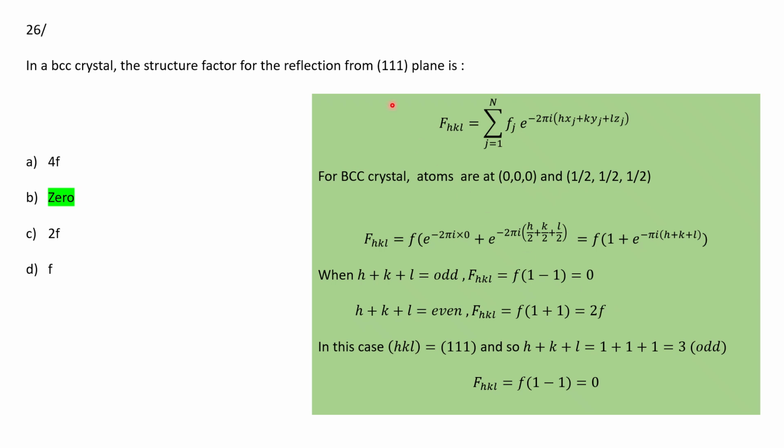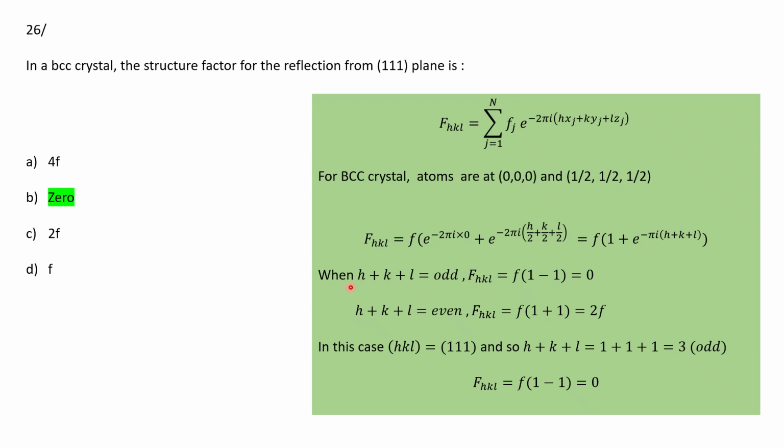Okay. So here the plane given is h is 1, k is 1 and l is 1. If we add all these three, 1 plus 1 plus 1, we get 3, which is an odd number. And for h plus k plus l odd, F_hkl is 0. So option B is correct.